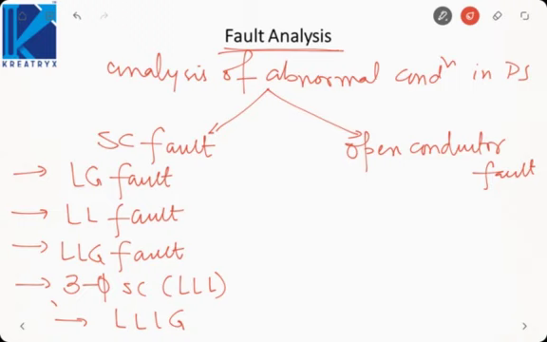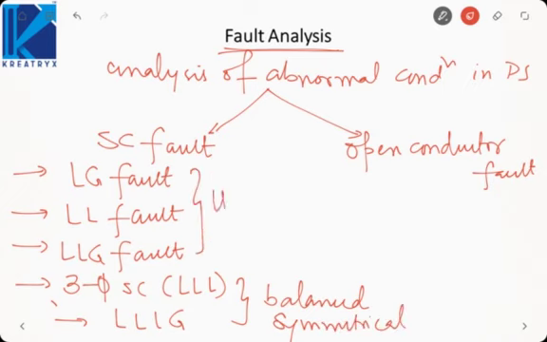Now whenever the same condition is occurring in all three phases, then their currents will have equal magnitude, voltages will also have equal magnitude, and the system will be balanced. So these two types of faults are balanced faults or symmetrical faults, because the condition is symmetrical in three phases. The others are called unsymmetrical faults, and they will make the system unbalanced.